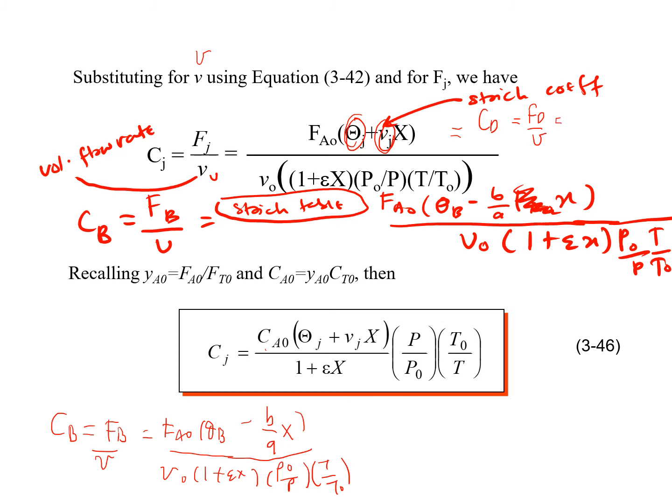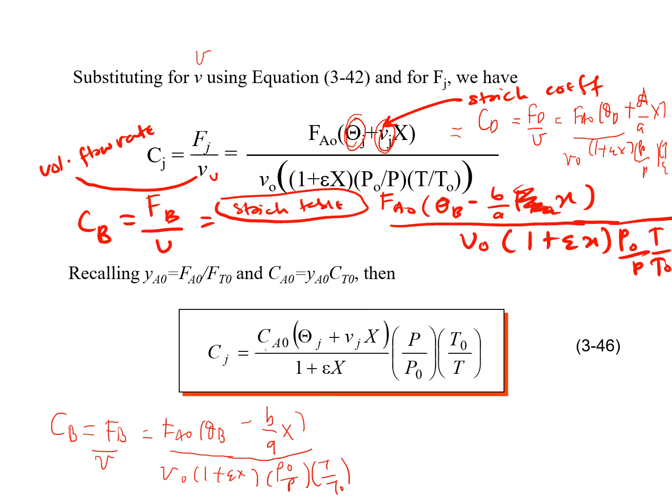FD is FA0 times theta D plus vj, and for a product vj must be positive, so d over a, times X, over V0 times 1 plus epsilon X, P0 over P times T over T0. That is how you get it.